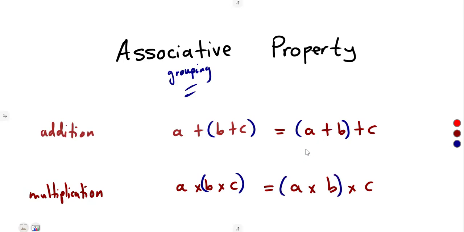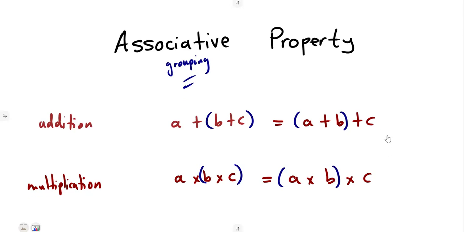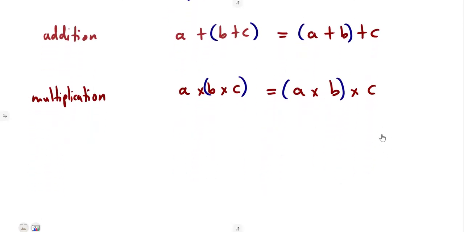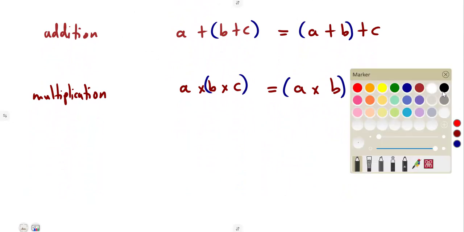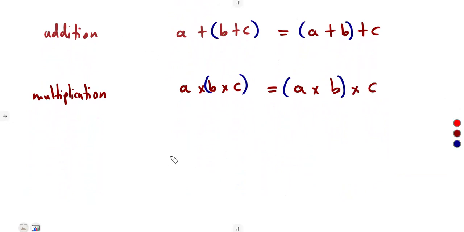Same thing for multiplication. In most cases, the associative property is used when you are to evaluate and a calculator is not needed on that question. You are being asked to evaluate, to simplify, to calculate without using a calculator.